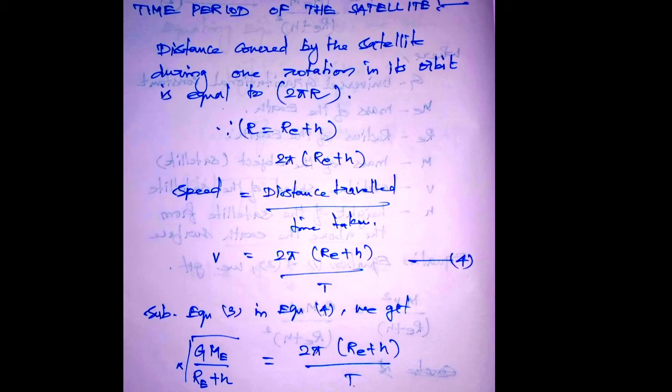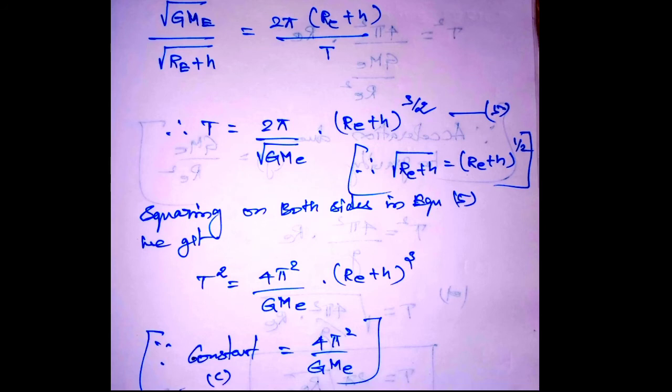Therefore the square root of G Me divided by the square root of (Re + h) equals 2π(Re + h) divided by T. And we can write the square root of (Re + h) as (Re + h) to the power 1/2, and cross multiplying, we get the square root of G Me equals 2π(Re + h)^(3/2) divided by T.